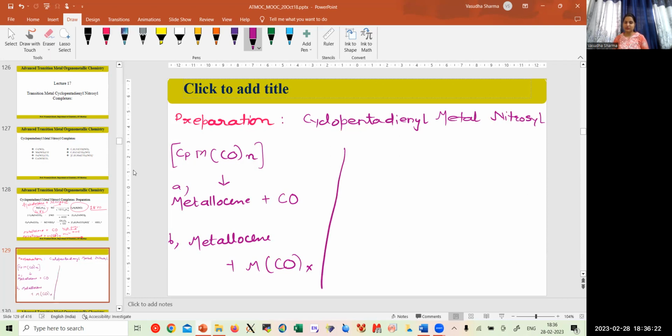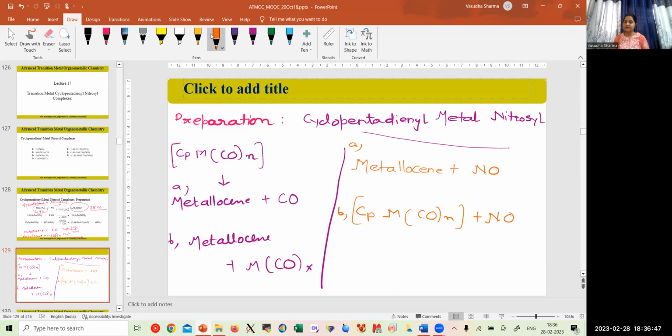Similarly, if we have metal nitrosyl, we want to make this particular thing. Now, again, instead of this, we will take metallocene plus nitrosyl, this is the first preparation, or we have CpMCO and now we are doing the substitution of the carbonyl via nitrosyl.